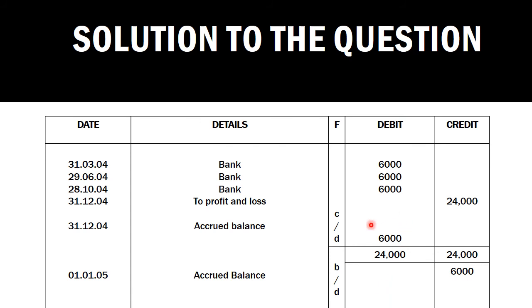So we have debited here this 6,000 kwacha so that it can be brought down as a credit entry to indicate that it is still owing. So once we add this, the balancing figure is what we take to the profit and loss account as an expense for the year. So 24,000 kwacha is what is supposed to be recorded in the profit and loss account for this particular financial period.